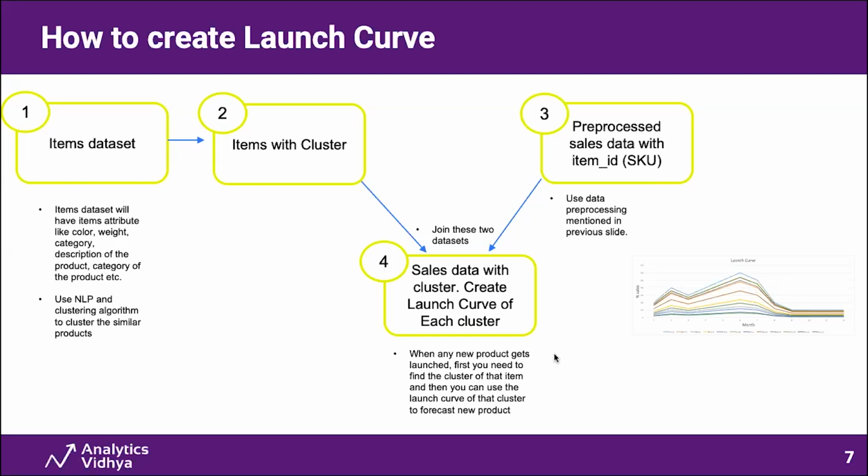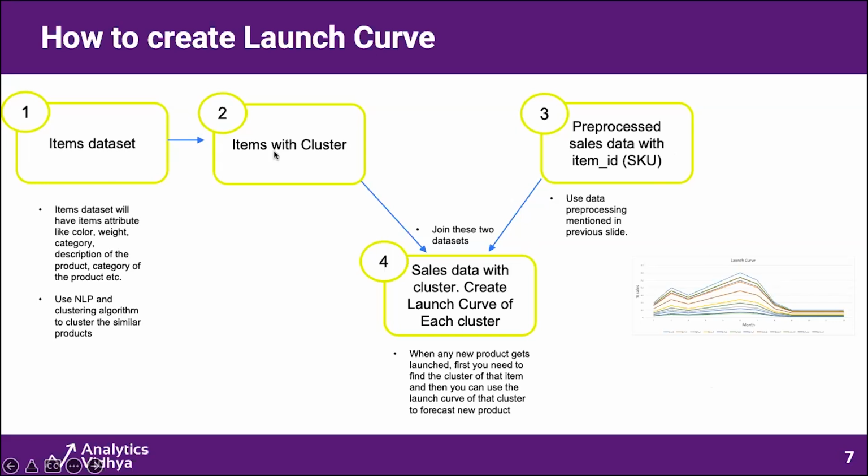So in my case, I have gone with the clustering algorithm, and I just took the average because of the time constraint I had to deliver this piece. But in your case, you can try different things like fitting a curve and then understanding what the sales distribution looks like. So this is overall how to create a launch curve.